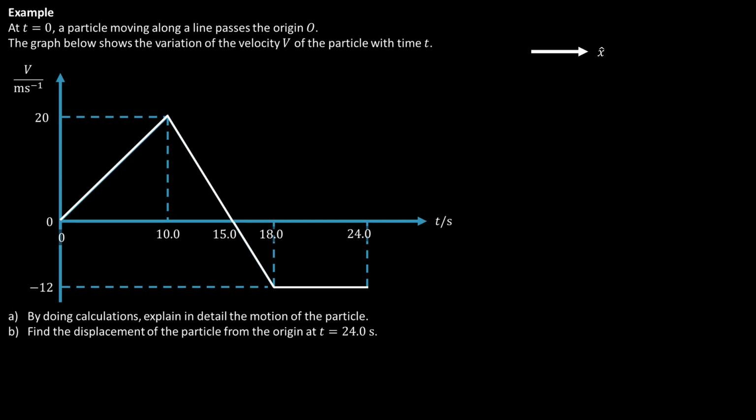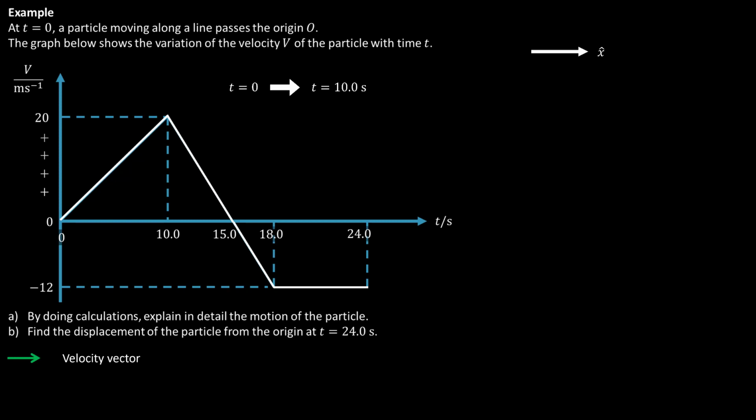For part A, we are going to analyze first the time interval t equals 0 to t equals 10.0 seconds, and what we see here is that the velocity is positive over this time interval, and since the velocity is positive, it means that the velocity vector points in the same direction as the x hat.